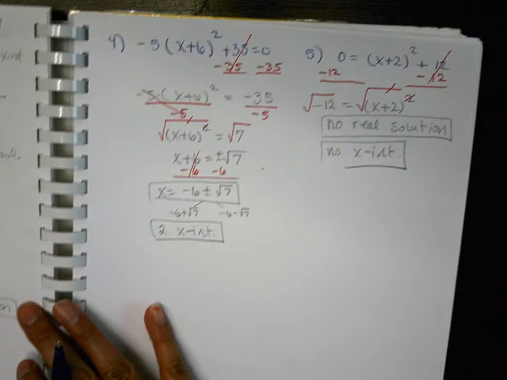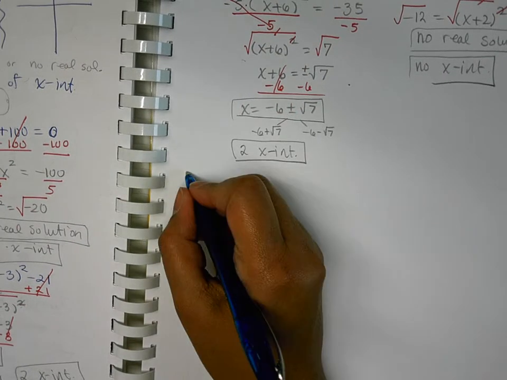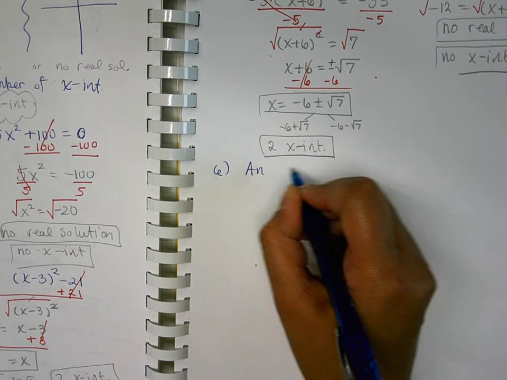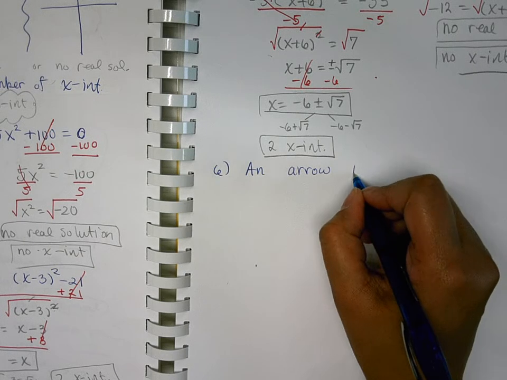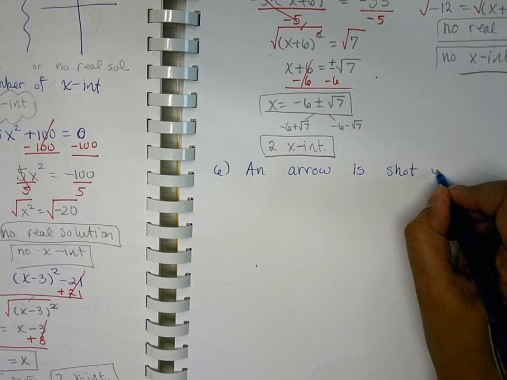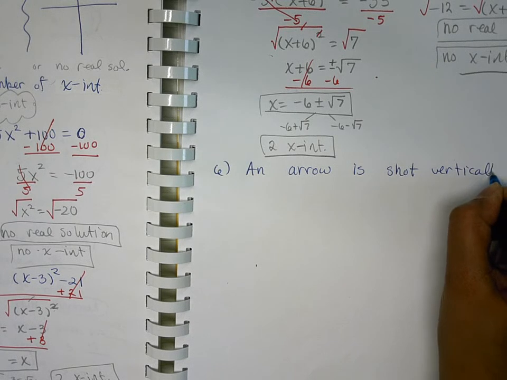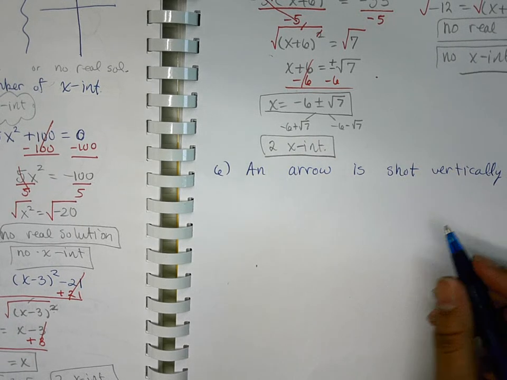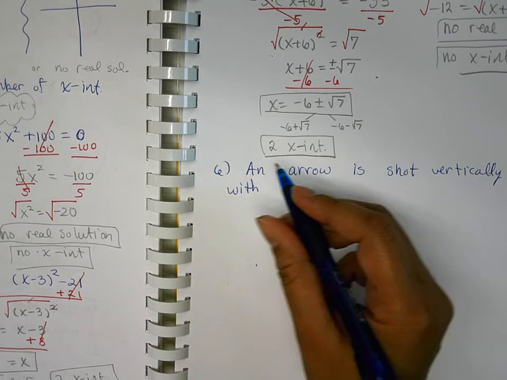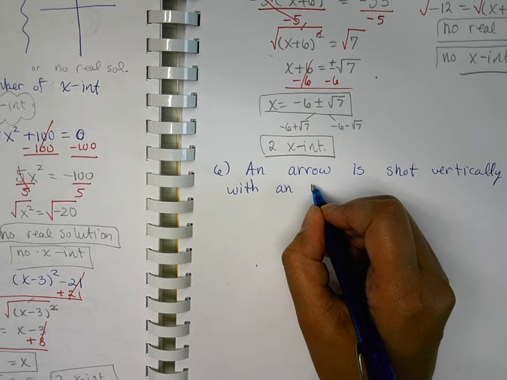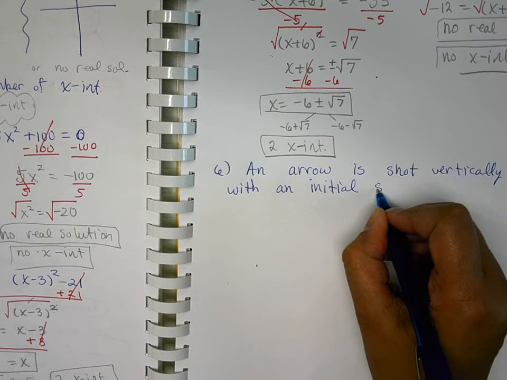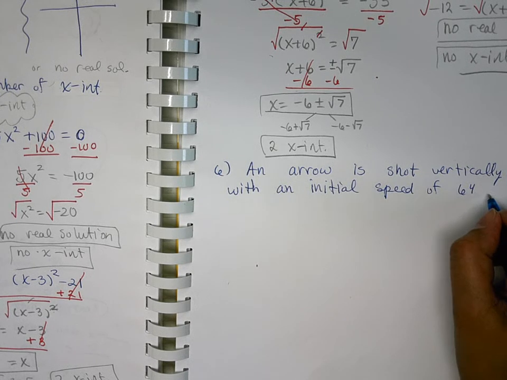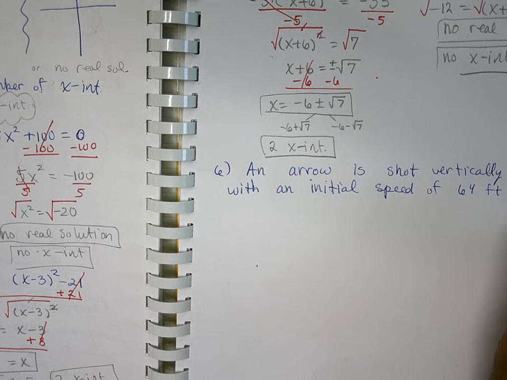Okay, number 6. An application problem. Heads need to be up off the desk. An arrow is shot vertically upward with an initial speed of 64 feet per second.